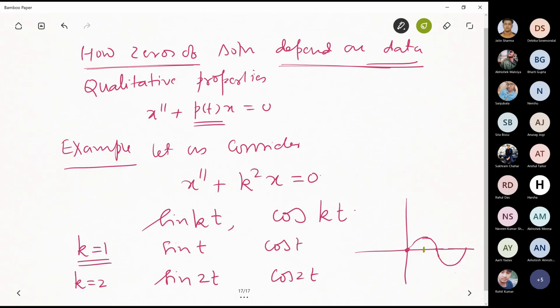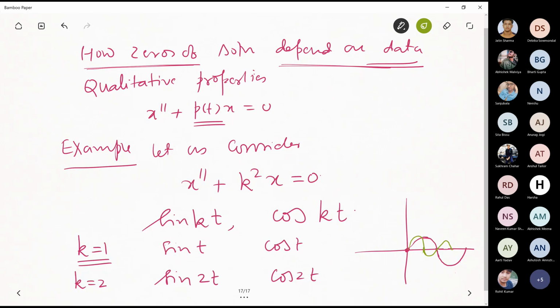So this is pi by 2. So we'll have a zero here, and again one more zero here, like this. That means in the interval 0 to 2 pi, sin 2t has more zeros. It has 3 zeros.